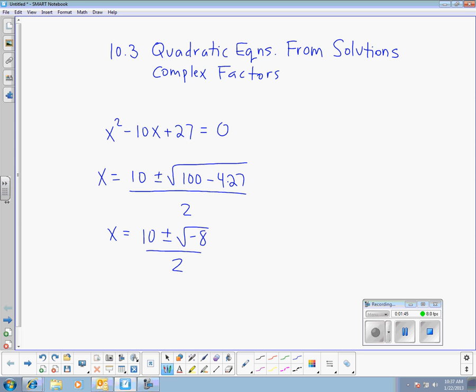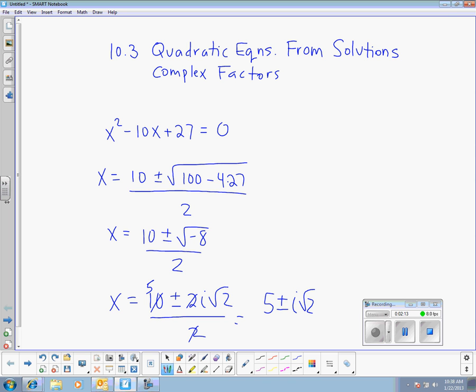And let's see, the square root of negative 8 can be simplified to 2i radical 2. And since all of those parts have a 2 in them, we can call this 5 plus or minus i radical 2 by simplifying all of those. You can only do that if all three parts work. So my two solutions are 5 plus or minus i radical 2.